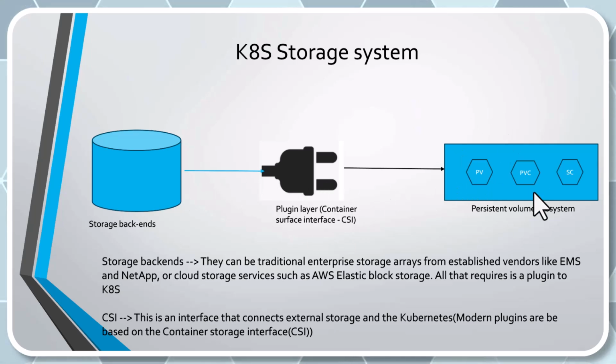It connects your Kubernetes system and the database storage. The database storage can be AWS Elastic Block Storage. All that is required is a plugin. The Container Storage Interface is an interface that connects the external storage and Kubernetes. Modern plugins are based on the Container Storage Interface.